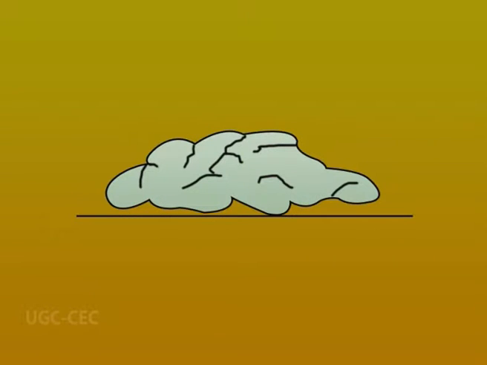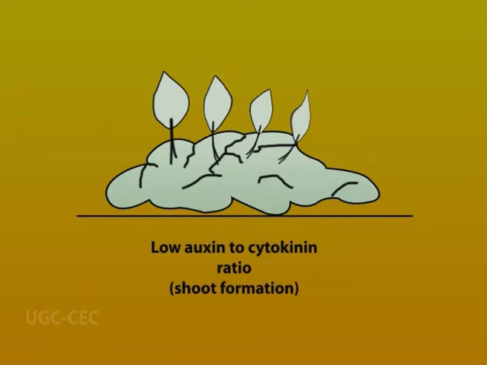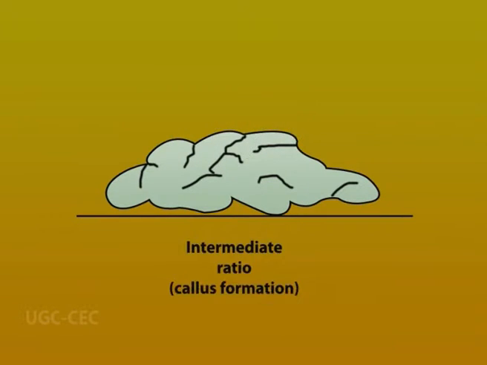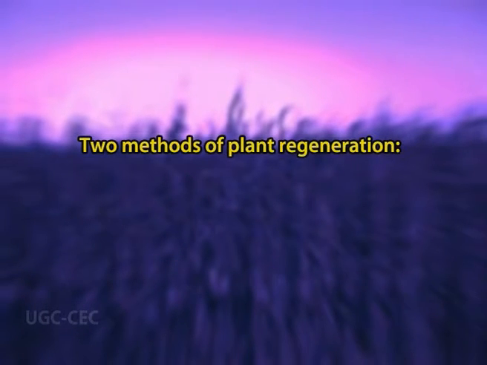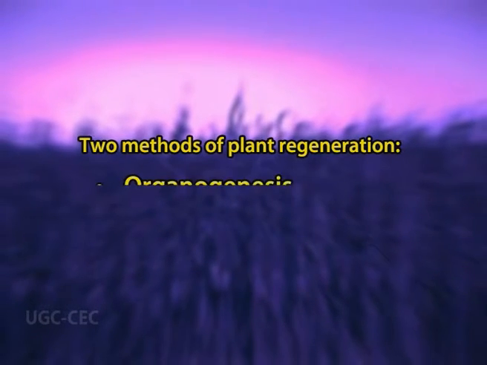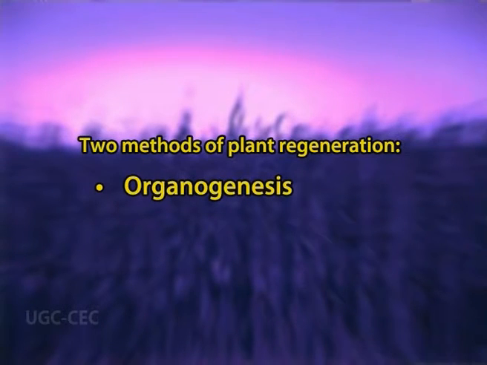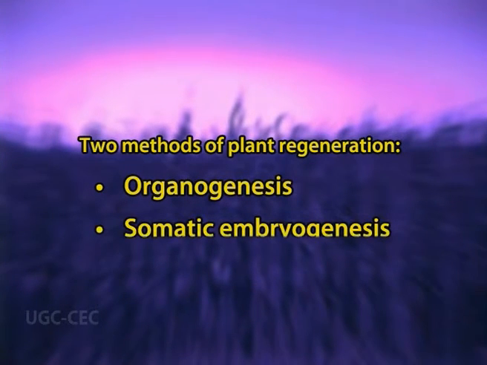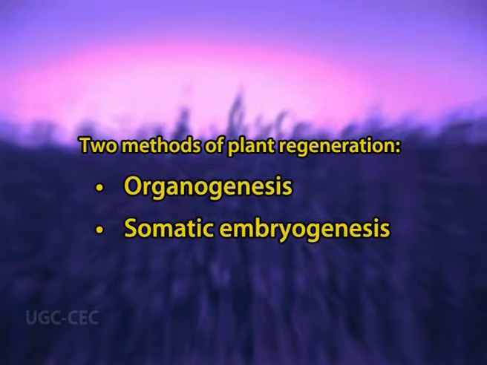A low auxin to cytokinin ratio helps in shoot development, whereas an intermediate auxin to cytokinin ratio helps in callus growth without any differentiation. There are two methods of plant regeneration. One is organogenesis and another is somatic embryogenesis.